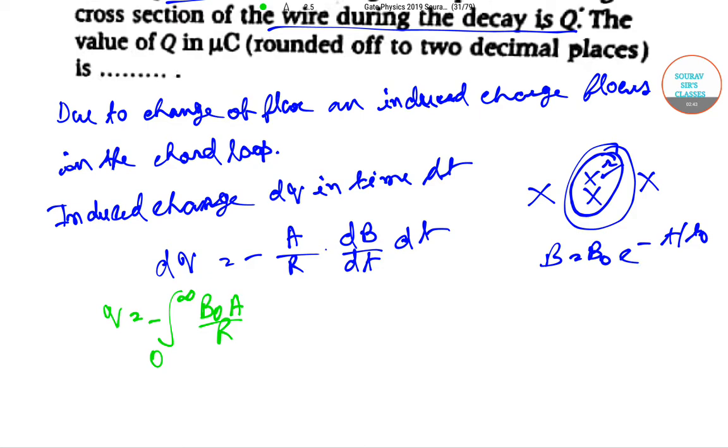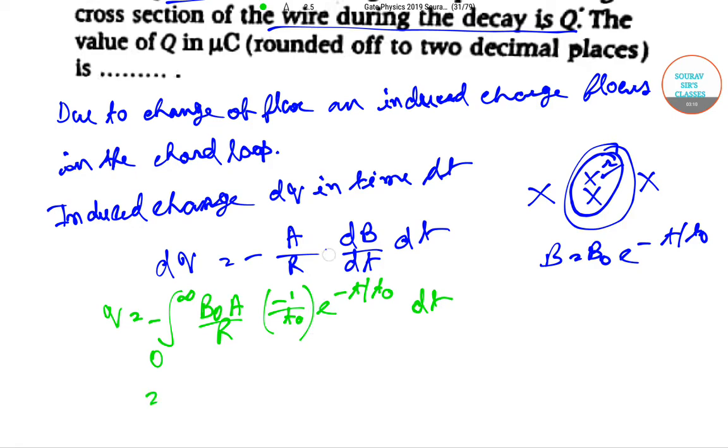So, if we take the integration, then this is minus of 1 by t0 into e to the power minus t by t0 dt. This is the dB by dt integration. So, we take the integration of this dB by dt.